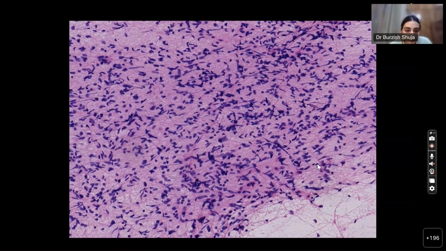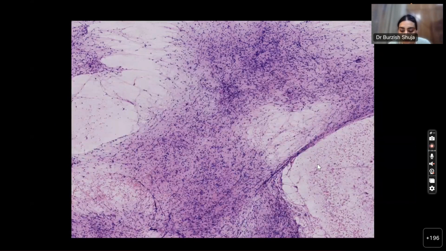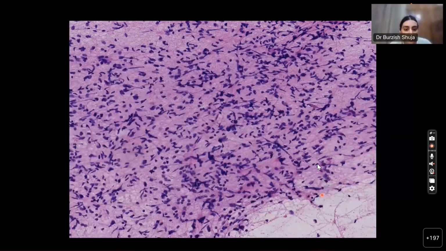And in the first image, there was focal necrosis on one side. We could see necrosis. Okay. Yes, ma'am. And then in the higher image of this squash, individual cells are spindled with elongated hyperchromatic nuclei, with many thin vessels traversing through these cells. Okay. And a fibrillary background.